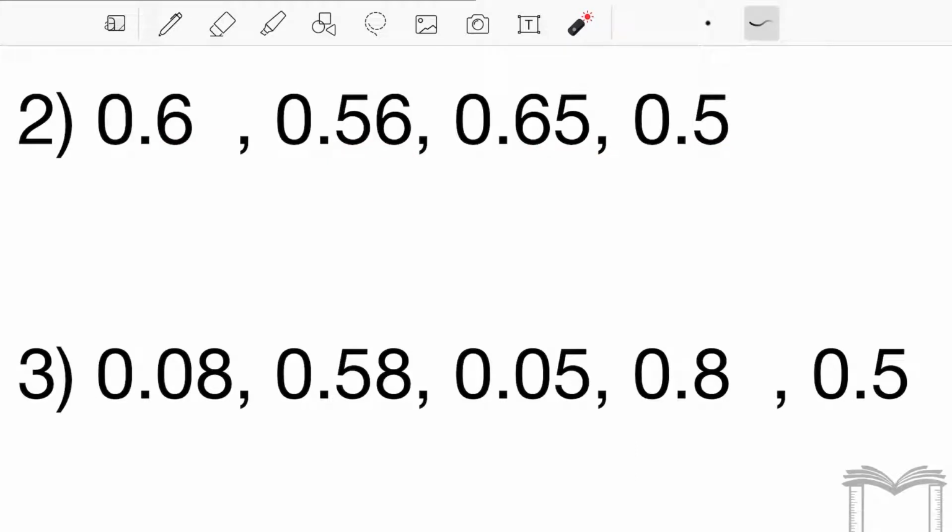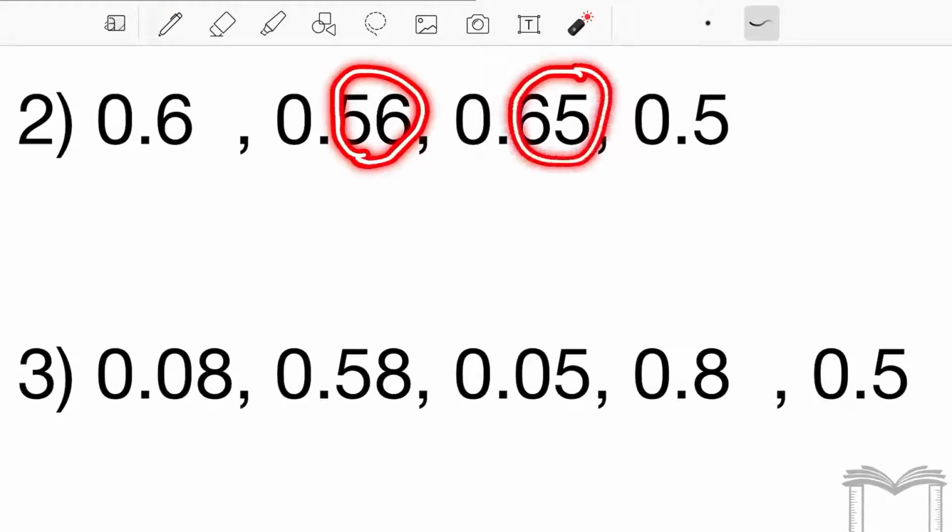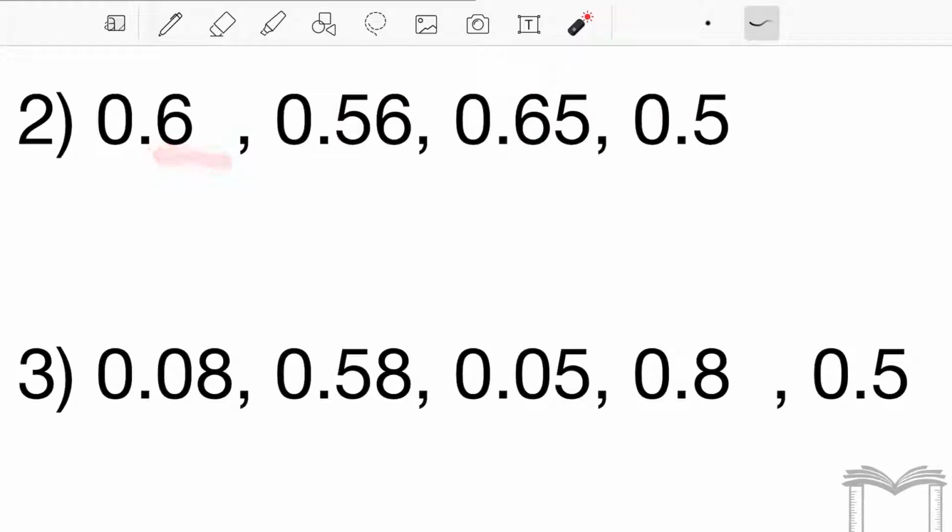So again, we're going to make sure that all of them have the same amount of decimal places. So we can see that these two have 2 decimal places. So we're going to ensure that these also have 2 decimal places. So we are going to add a 0 here, and we are going to add a 0 here. So we are going to compare these numbers now: 60, 56, 65, and 50.